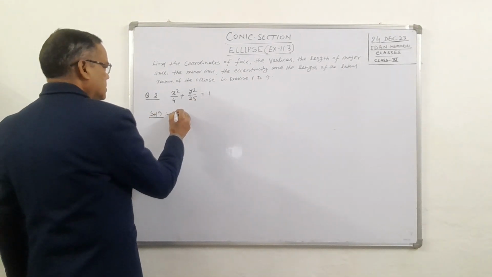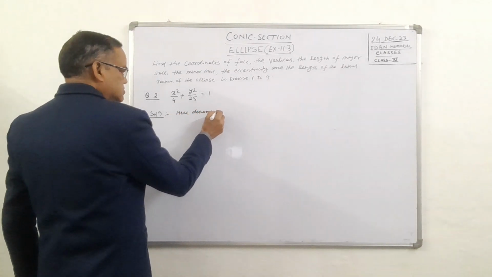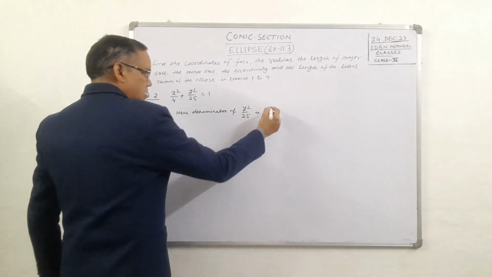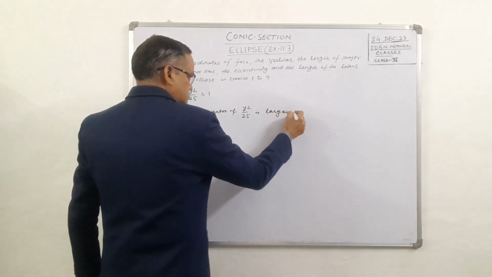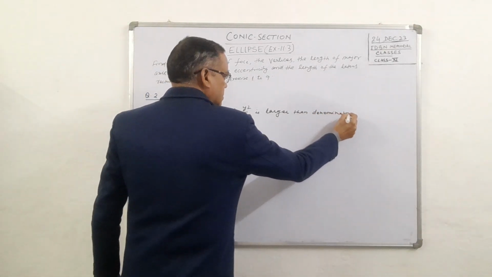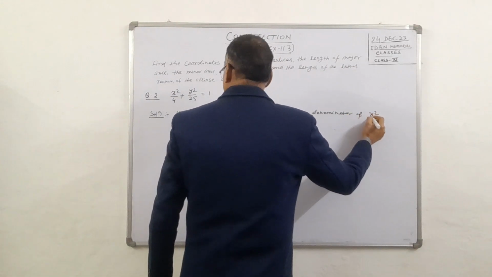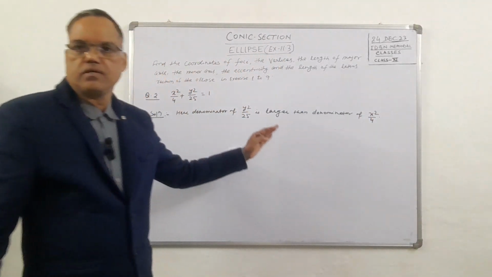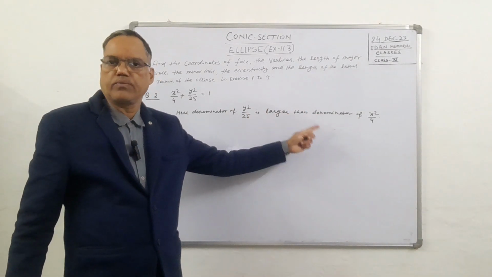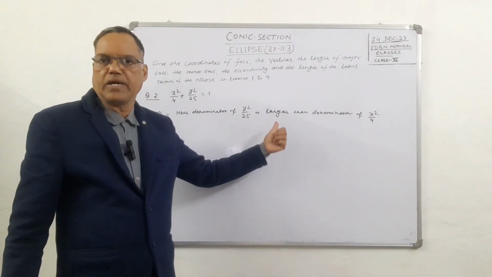Since here the denominator of y square by 25 is larger than the denominator of x square by 4, it means the axis of the ellipse, or major axis, is along the y axis.